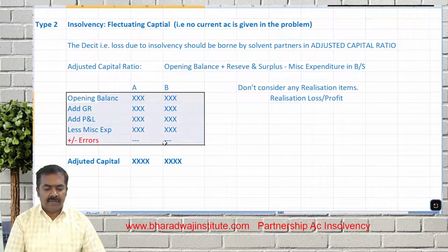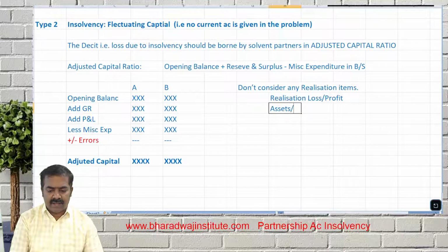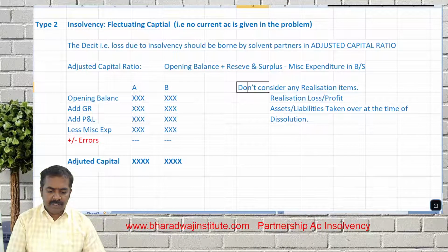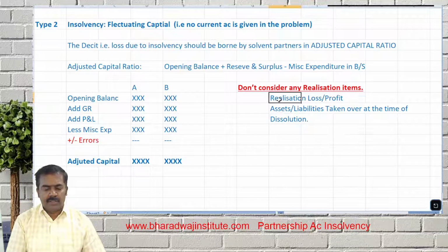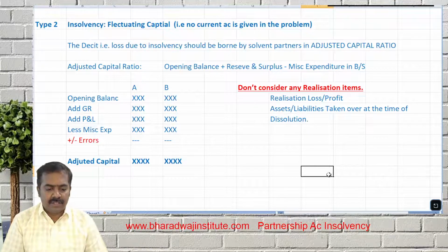In the adjusted capital, what should not be included? Realization profit or loss, and assets or liabilities taken over at the time of realization. So please do not consider the following realization items: realization profit or loss, assets and liabilities taken over at the time of what? Dissolution.